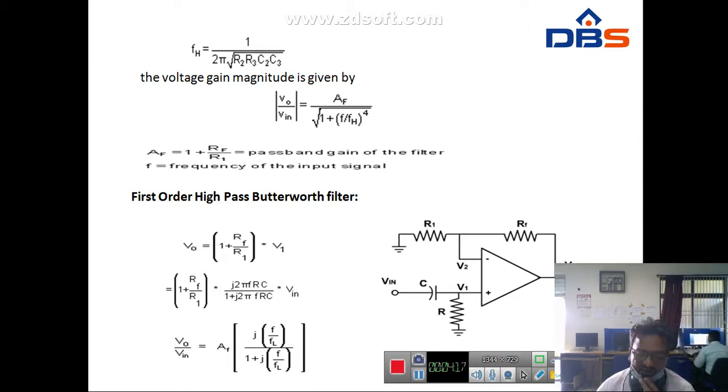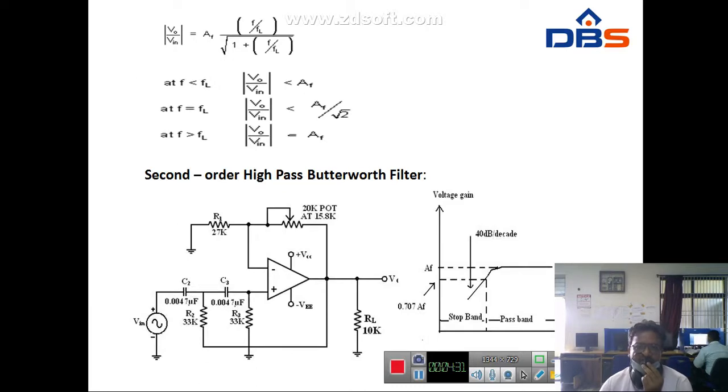If you represent this equation as the magnitude of the voltage gain, then the magnitude of V0/Vin is equal to AF times (f/fL) divided by the square root of 1 + (f/fL)².